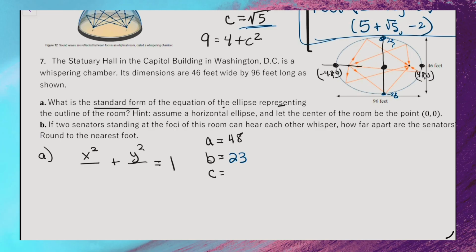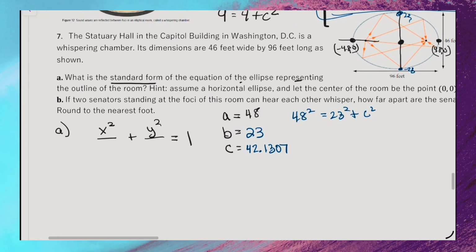Using that Pythagorean relationship, because a is the largest, we can solve for c. We end up with 42.1307. Next, we're going to go to the equation.